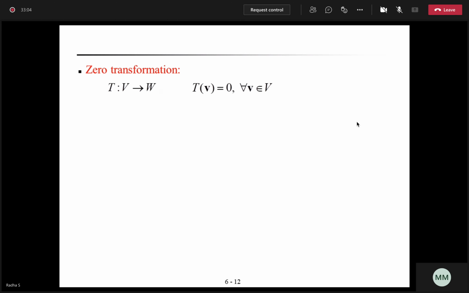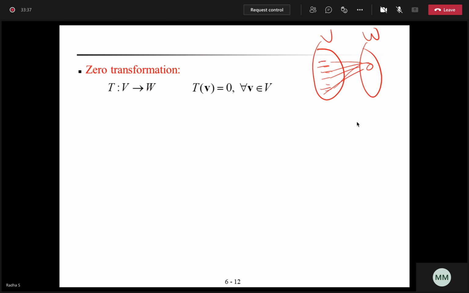So what is this called? Zero transformation. T is a transformation or a mapping from V to W, where V is a vector space and W is a vector space, in such a way that each and every element in V is mapped onto zero. Always remember this, because later you are going to find the matrices of linear transformations, and at that time you need to understand what a linear transformation is.